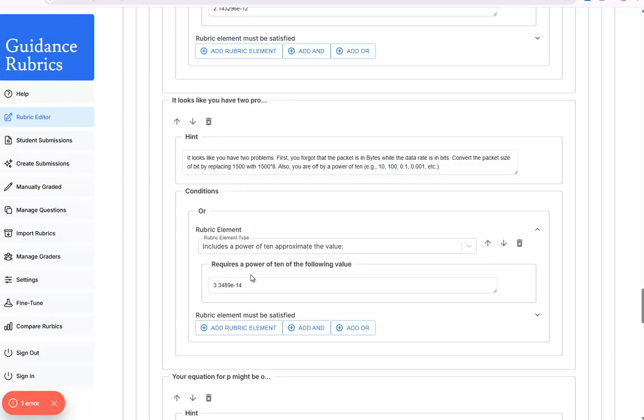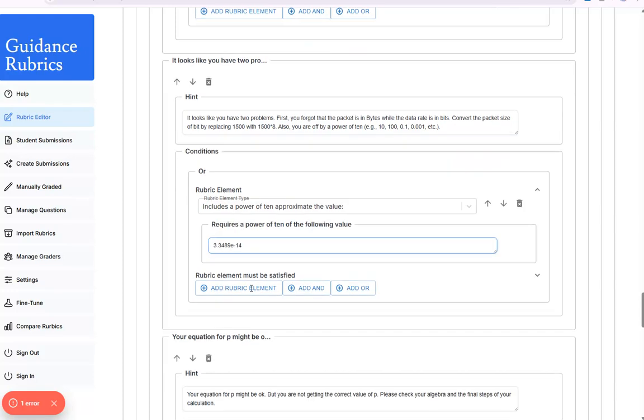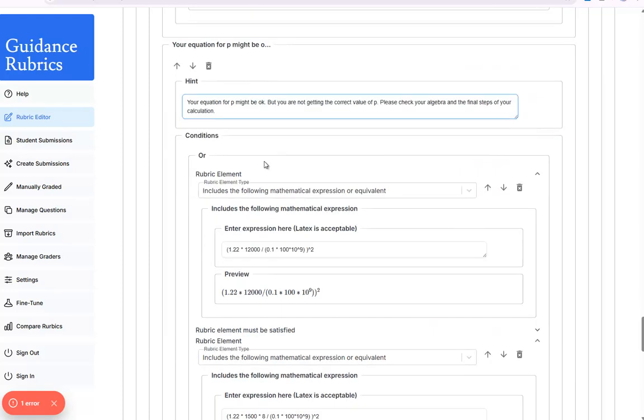Another one off by a power of 10 for this one, and then here's a specific hint and more. Now this one, we're looking for this particular equation in the text. So here we're entering in a LaTeX equation. This is the preview of that.